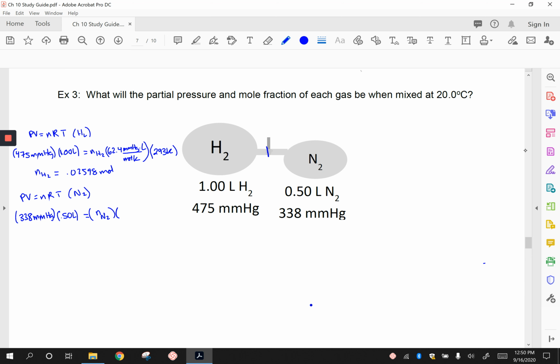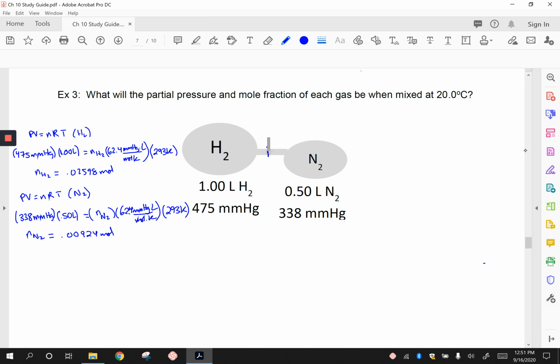R obviously is still the same, and my temperature is also the same. So this is going to give me the moles of just the N2, and I got 0.00924 moles of nitrogen. Okay, so that's when they were separate. Now I'm going to go ahead and open it up.